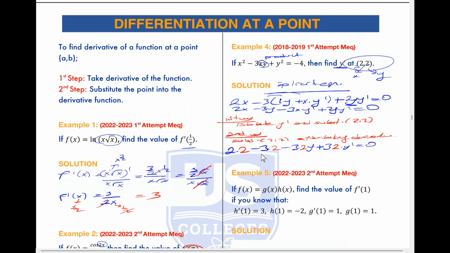So let's simplify now. I need y prime alone at the end. I either get y prime here alone or here alone. It's up to you. 2 by 2, 4. 3 by 2, 6. 4 minus 6 minus 2. Minus 2 to the other side. It makes 2. Equals 3 by 2, 6.